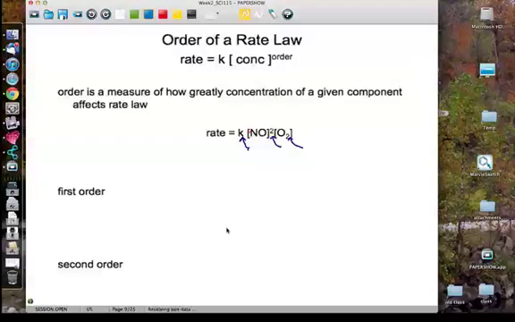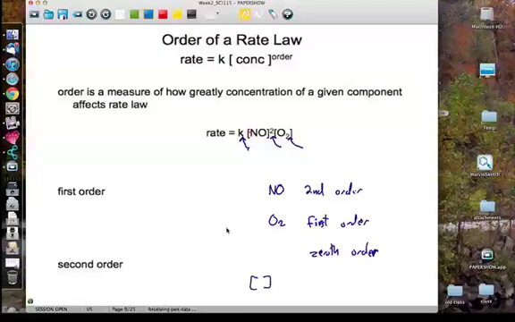Now, what this means is we can describe this reaction in a number of different ways. We can talk about the order with respect to each of the components. In this case, we would say that with respect to NO, this is a second order reaction. With respect to O2, this is a first order reaction. There's another order that's not shown here, and that's zeroth order, which says that certain components are not influencing the rate.